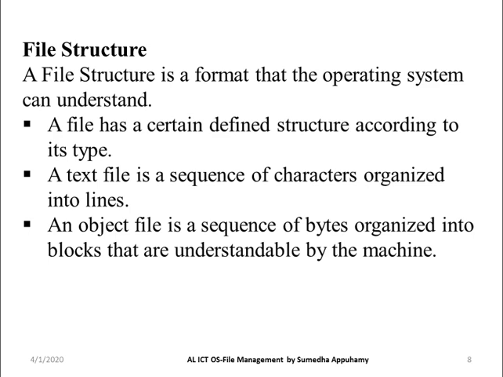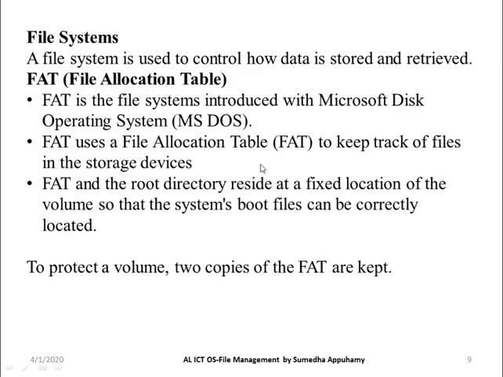If the number of pixels is high, you get a good quality image. If the number of pixels is less, the quality of the image will be low. An object file is a sequence of bytes organized into blocks that are understandable by the machine. Each and every block must be understood by the machine, that means the operating system, and only then can you get the necessary output.